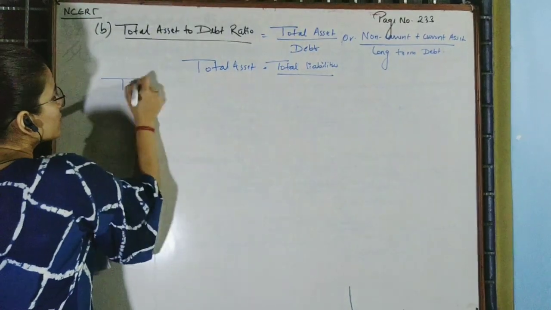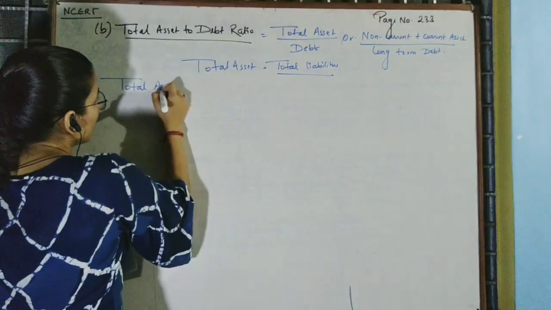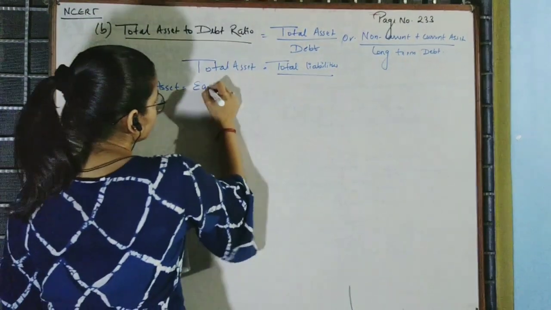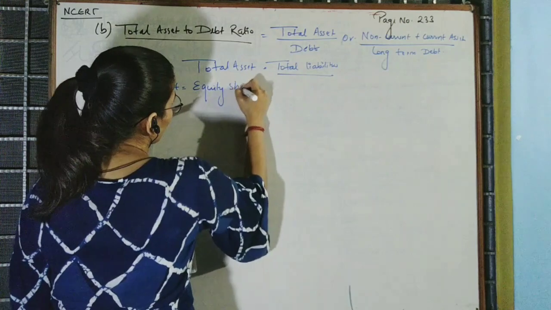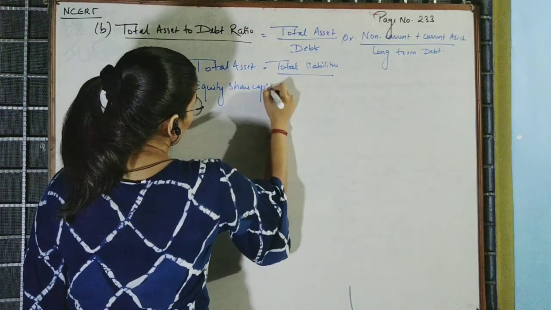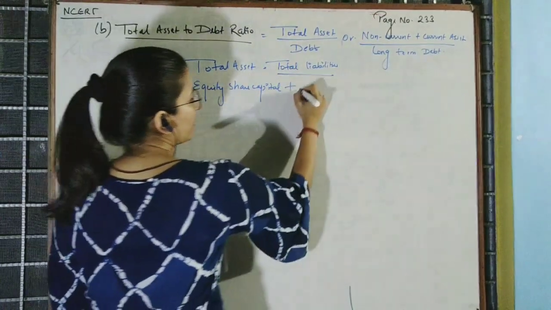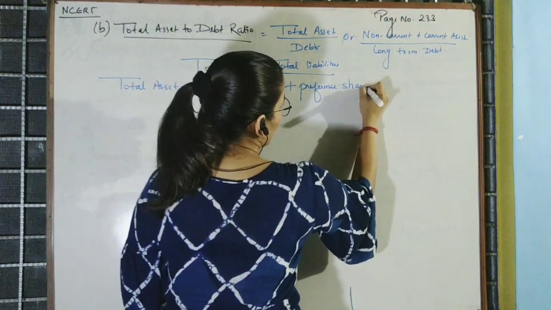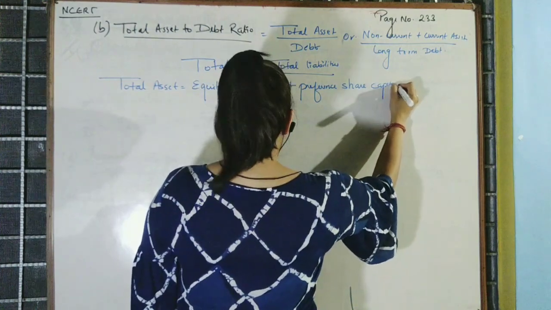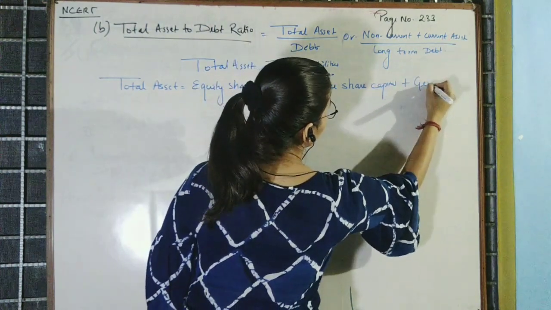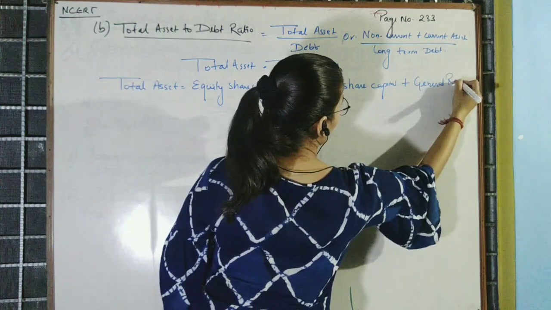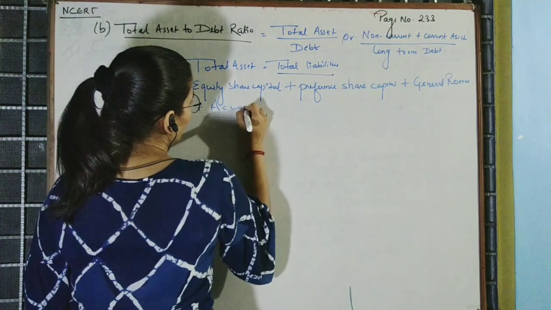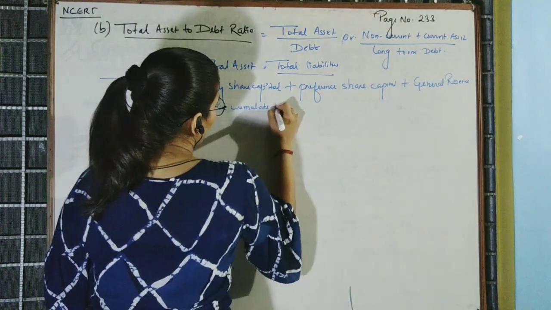So to calculate total asset, we will include equity share capital, plus preference share capital, then general reserve, and then accumulated profit.